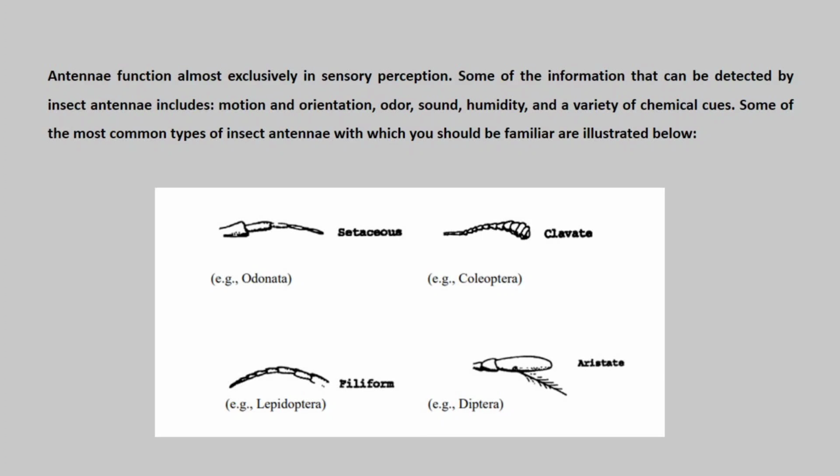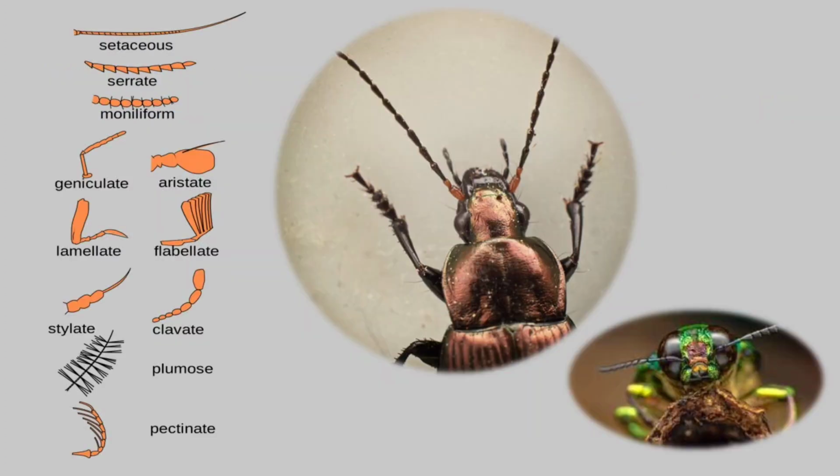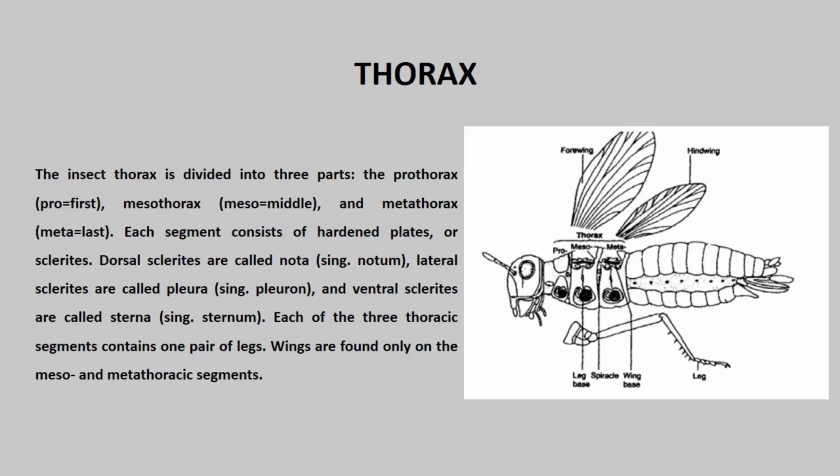Some of the information that can be detected by insect antennae includes motion and orientation, odor, sound, humidity, and a variety of chemical cues. Some of the most common types of insect antennae with which you should be familiar are illustrated below.